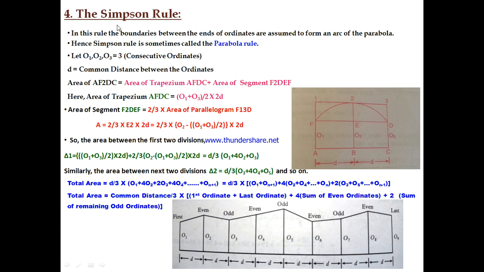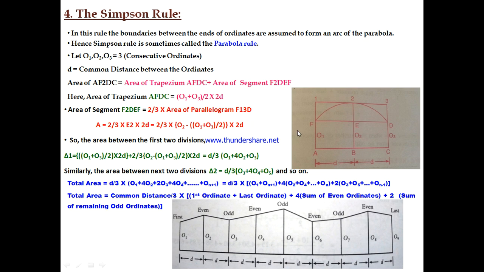So the total area can be written as common distance by 3 into the sum of first and last ordinate plus 4 times the sum of even ordinates and 2 times the sum of remaining odd ordinates. After applying this formula, we can calculate the area of irregular boundaries with offsets at regular intervals.